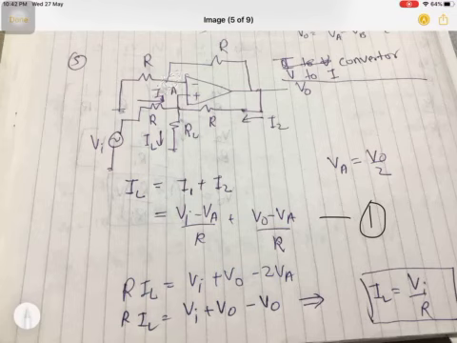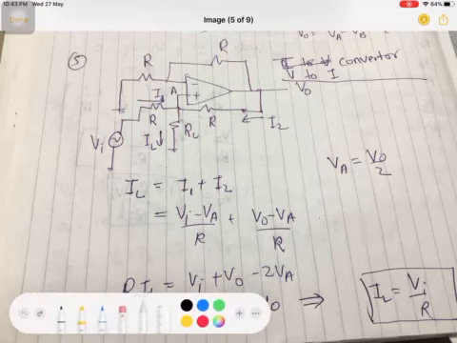This is also Va, and it is a voltage divider, so Va equals Vo by 2. Now put the value of Va in equation 1, and we get IL equals Vi by R.